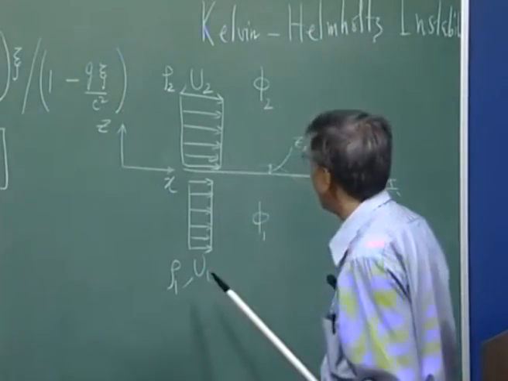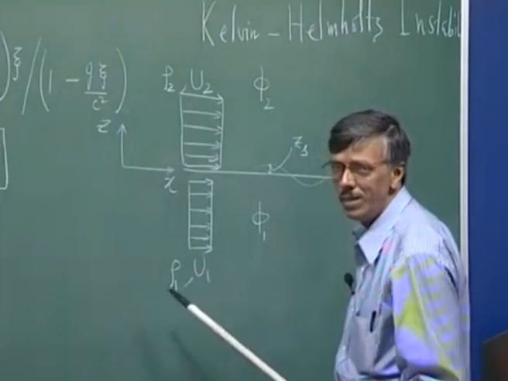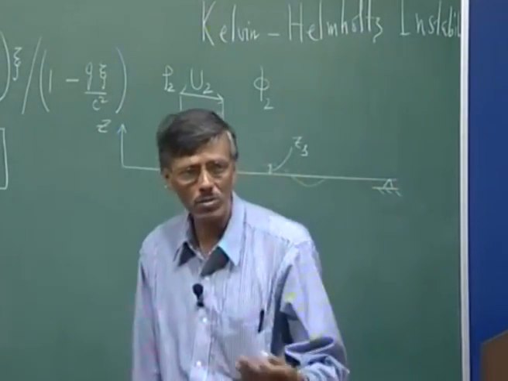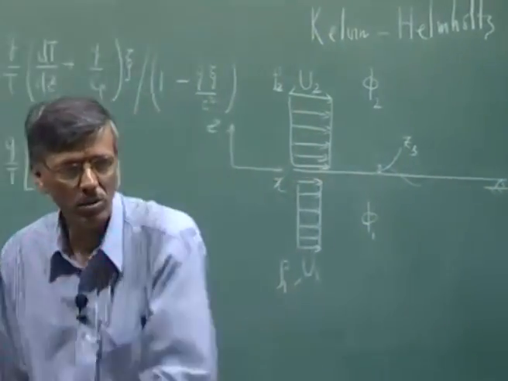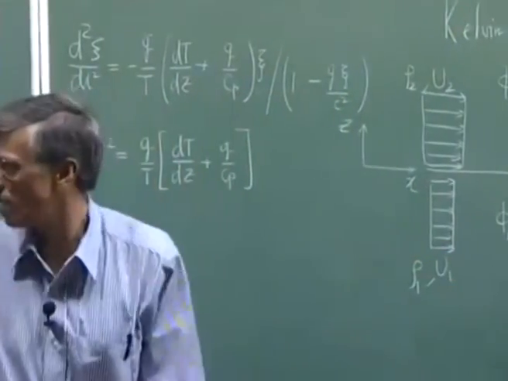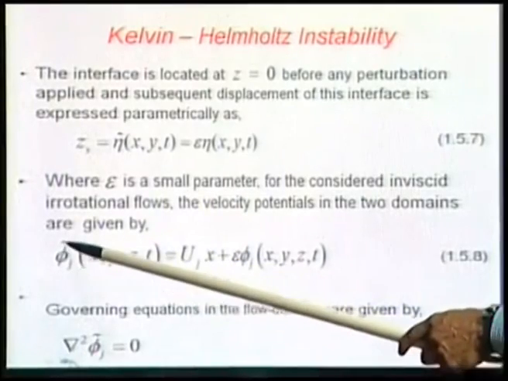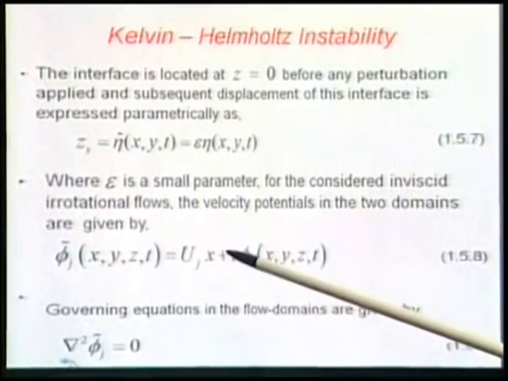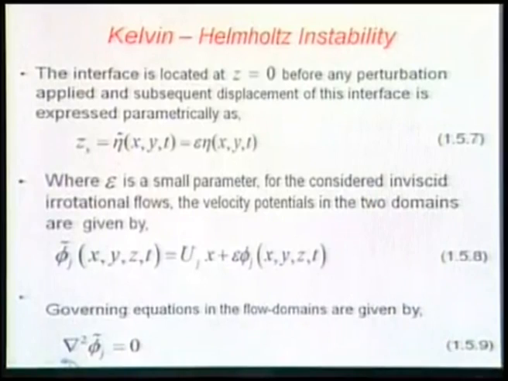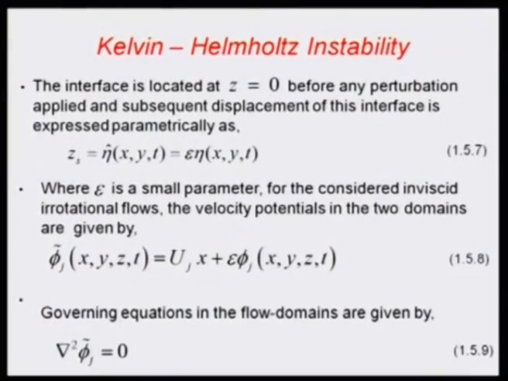Since we have a uniform flow already, so I know corresponding to that uniform flow del phi del x equal to u 1 or u 2. So, that is why I could write out a single equation by writing it as phi j with a tilde, that should be equal to u j times x. Now, what has happened? It is a linearized approach.